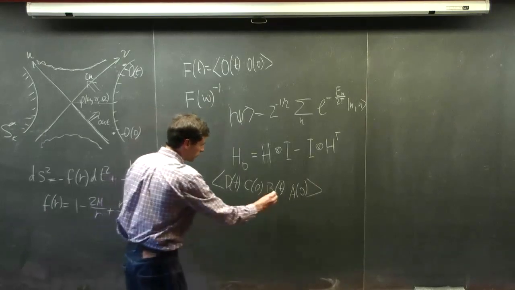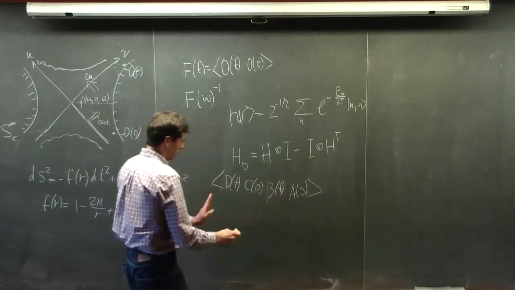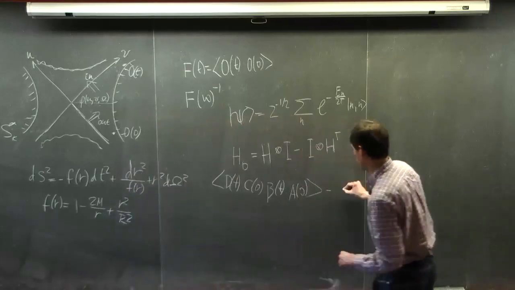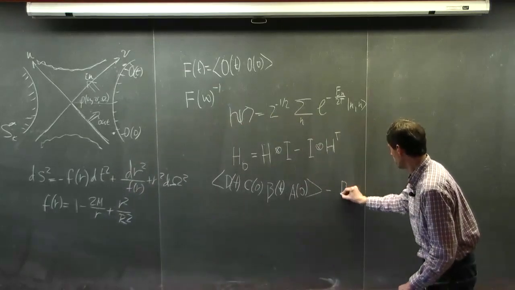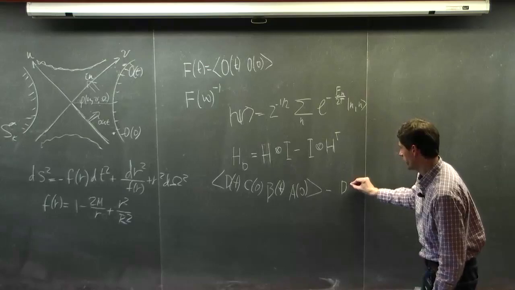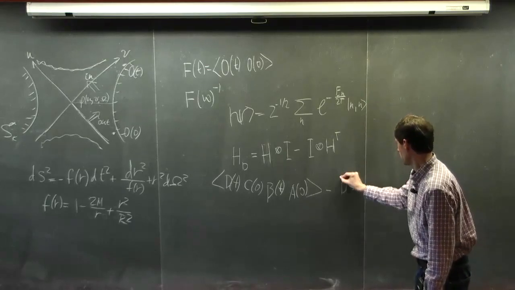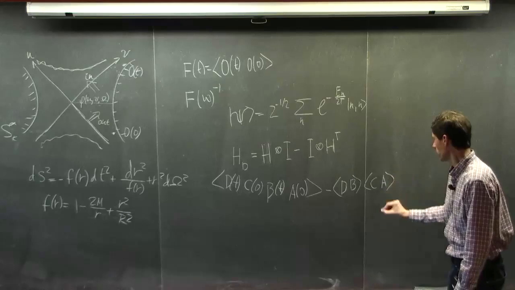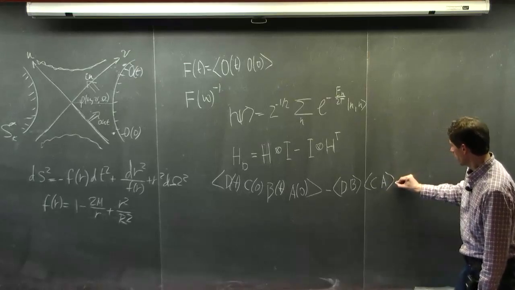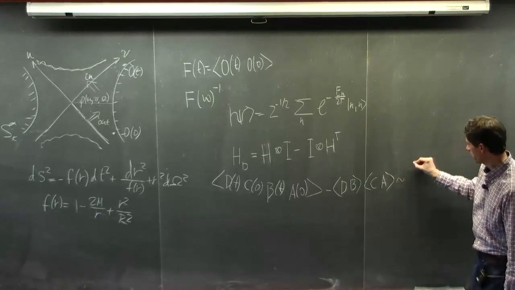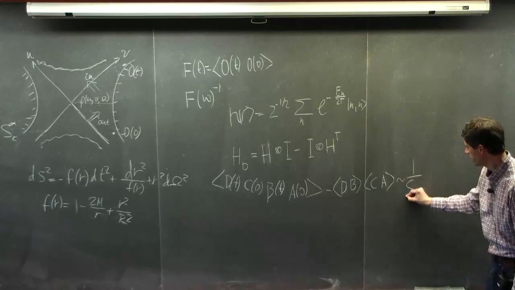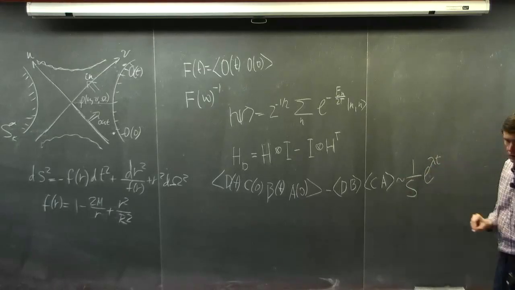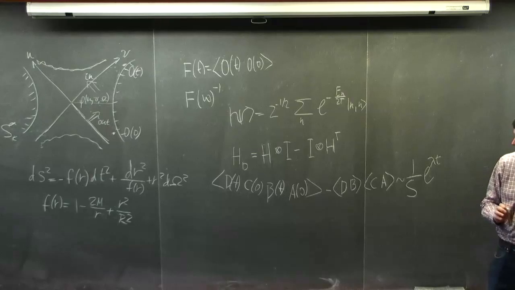And this correlator, if we subtract the trivial term like dB times CA, it grows like 1 over S. S is the entropy of the system, e to the lambda t. Lambda is some growth exponent.